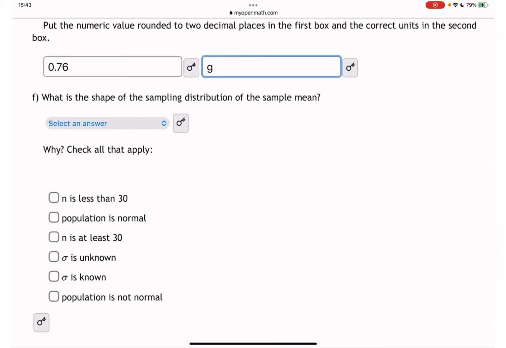So what is the next question? Question F. What does it say? What is the shape of the sampling distribution?